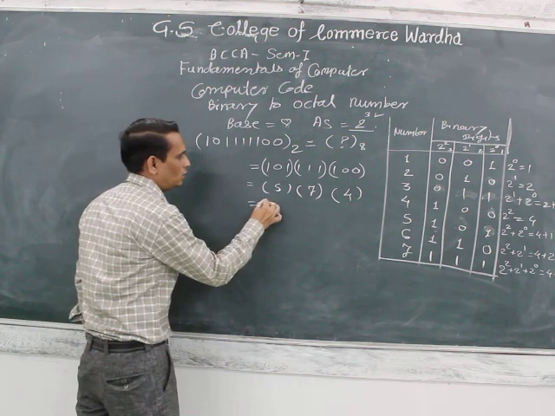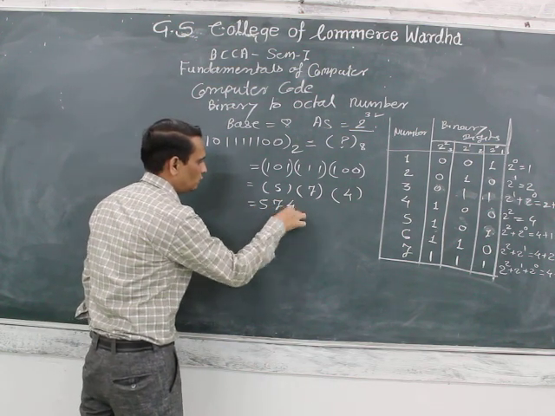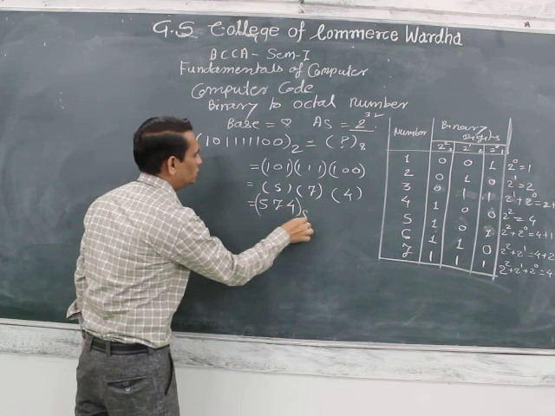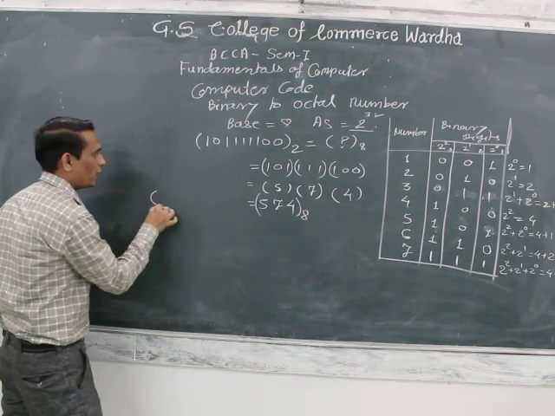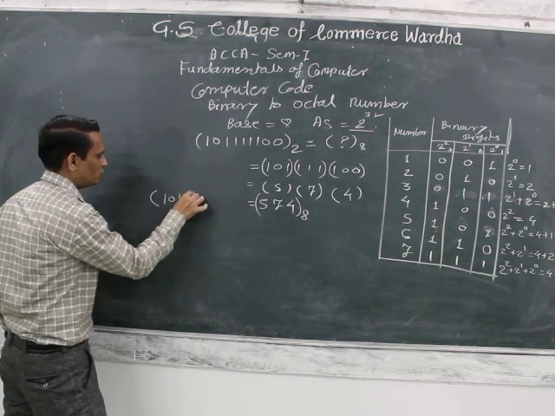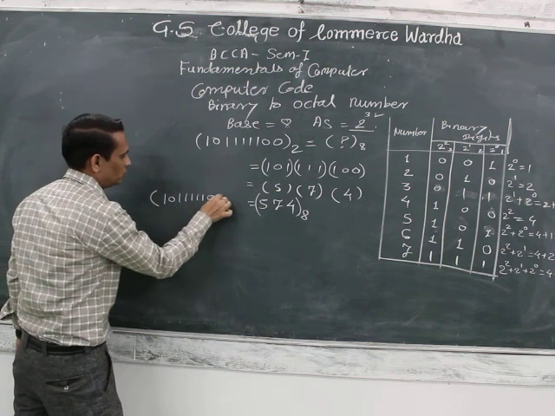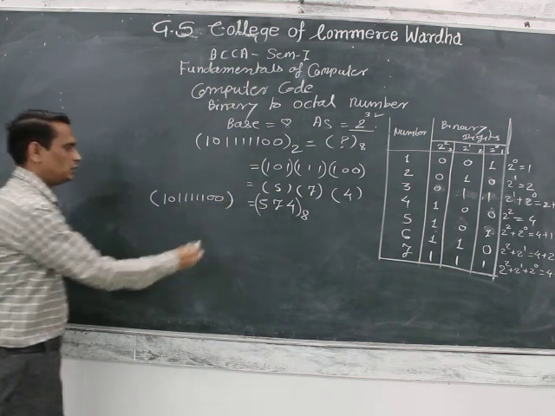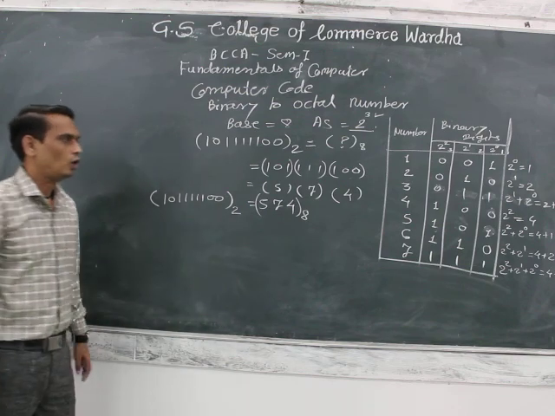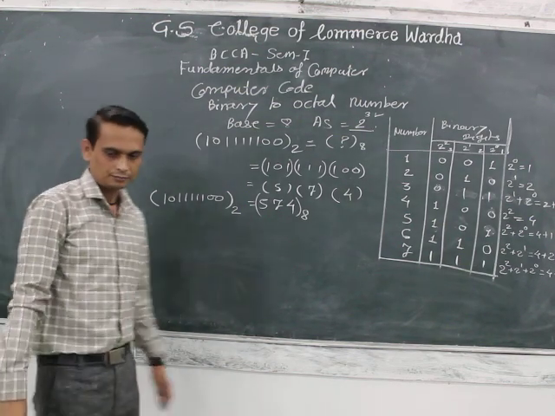So we have 574 octal for the binary number 101 111 100. It represents the 574 octal number.